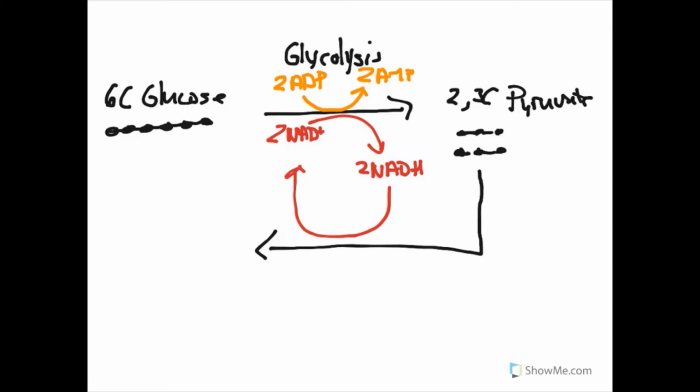And then we're going to take this and produce 2 3-carbon compounds called lactic acid. So in here, there are no CO2s given off. So 1, 2, 3, 1, 2, 3.